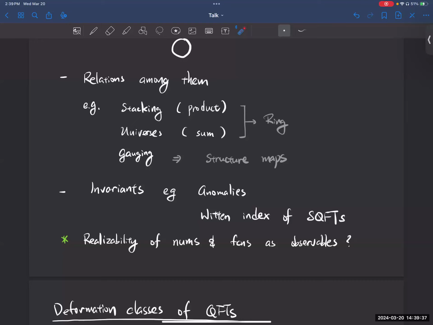As physicists, we often like to think of those as just functions or forms with some transformation properties. But given such a function, it's not clear at all that it's actually realizable by a physical system. So are these numbers or functions actually physical observables of consistent physical systems? This is one central question that we'll say something about.